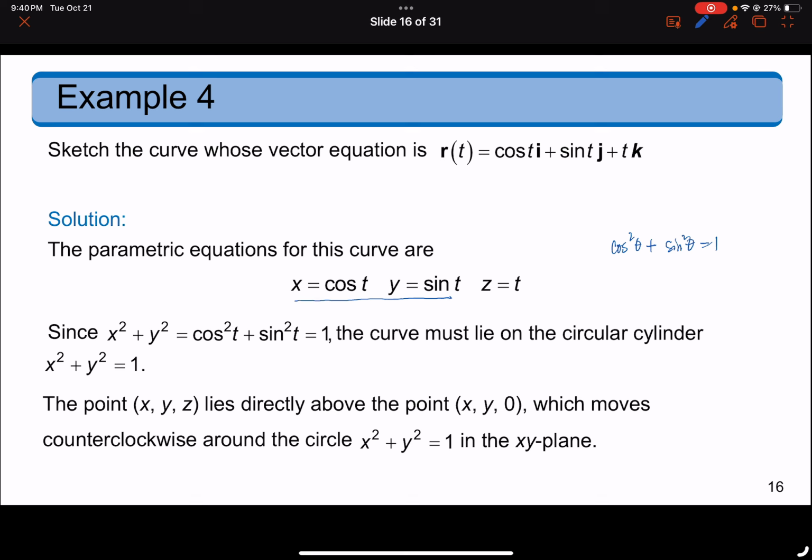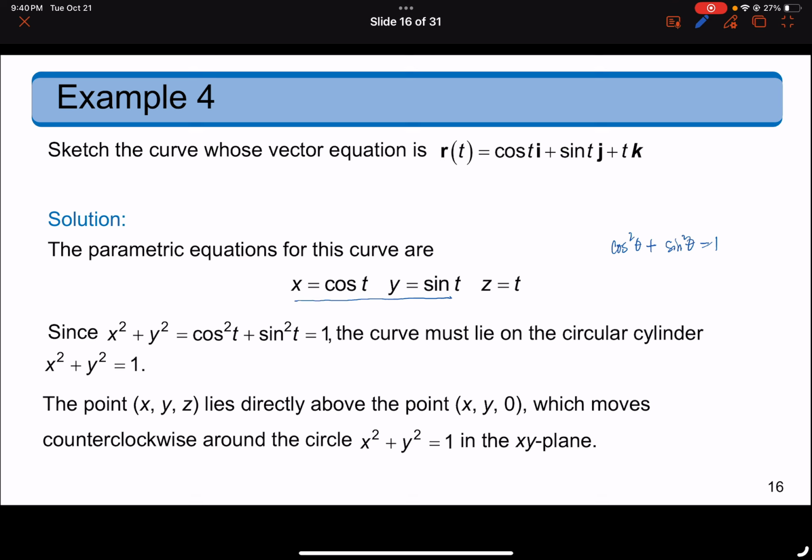The curve must lie on a circular cylinder defined by x squared plus y squared equal to 1. So the cross section is a circle with center at the origin (0, 0) and the radius is 1. It would be projected along the z-axis.